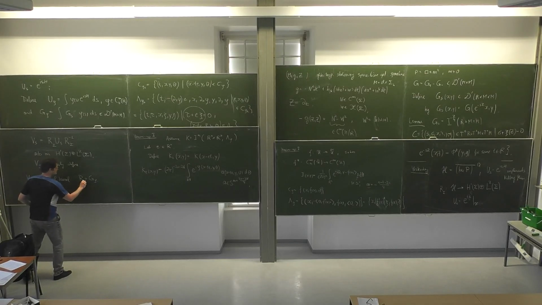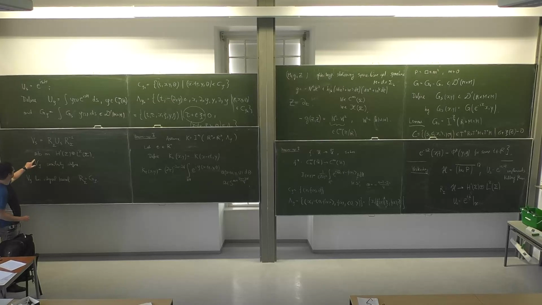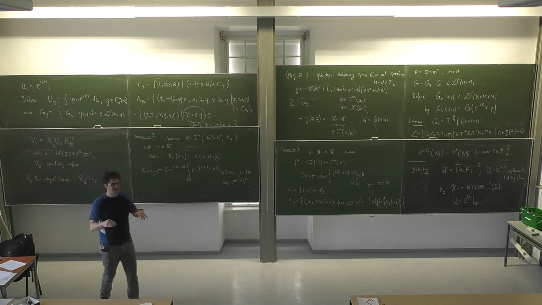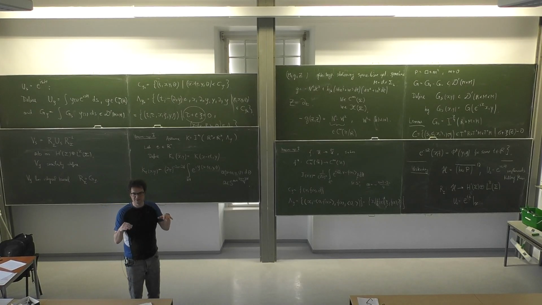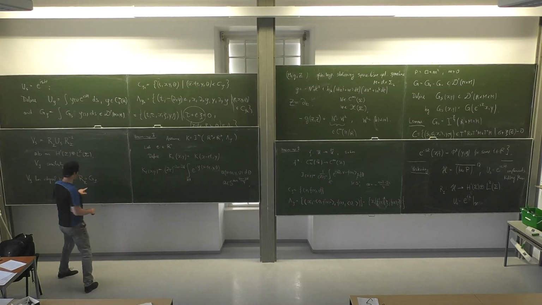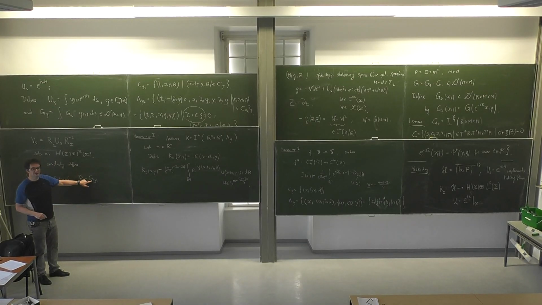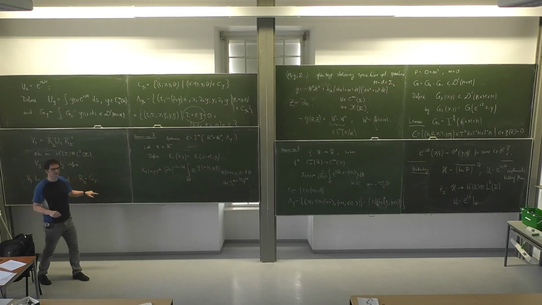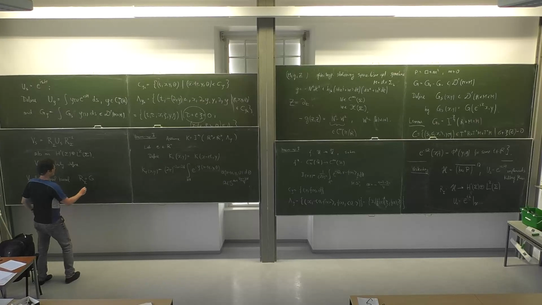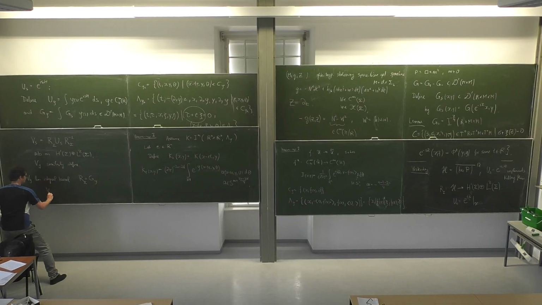What's V_s? I solve my Cauchy problem, then I take the solution, I flow with it, and then I restrict to the Cauchy surface, right? But last time we saw that the Cauchy evolution operator is given by G, and so G solves the Cauchy problem. So this operator V_s has integral kernel R sigma G_s. That's maybe what I want to say.